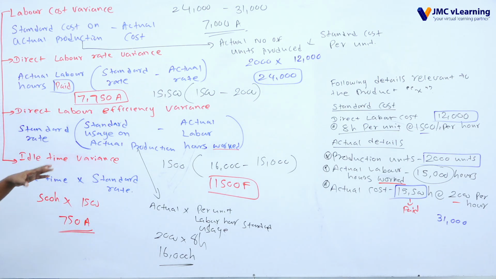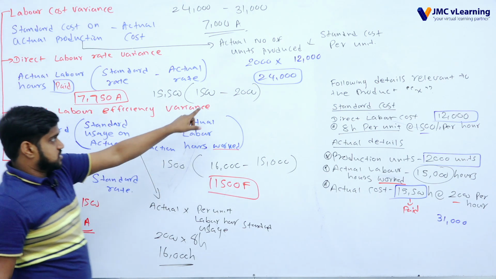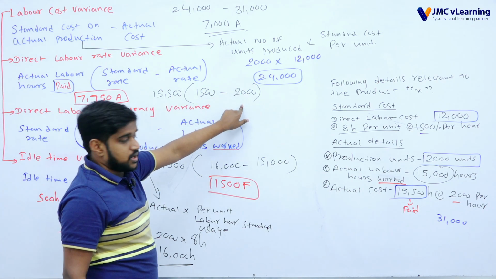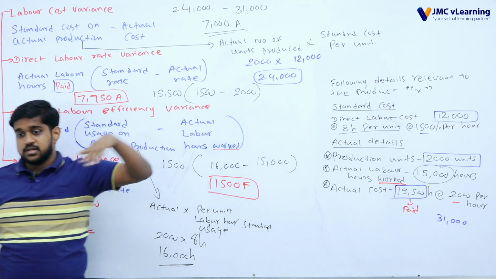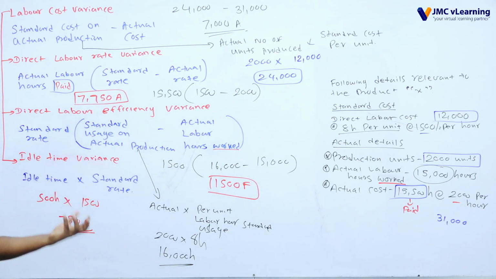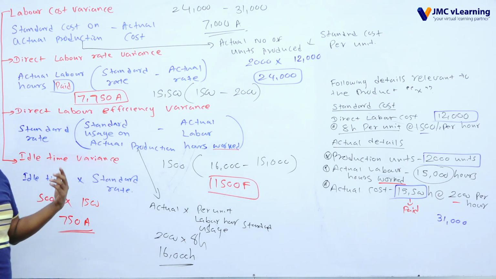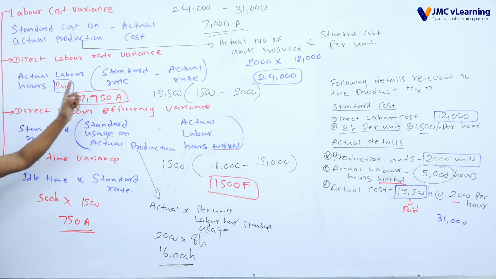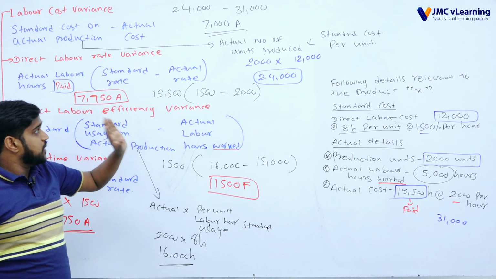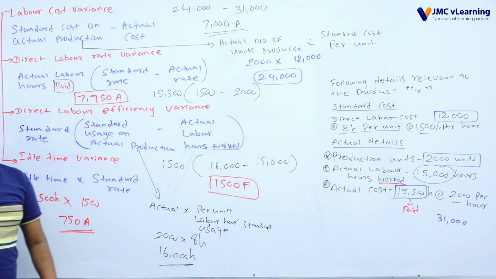When we analyze further, the main reason for this increase we can identify from our direct labor rate, because our standard one is 1,500, but our actual one is 2,000. That means our per hour rate is 500 more than our standard rate. So this direct labor rate is the main reason for this 7,000 adverse variance.